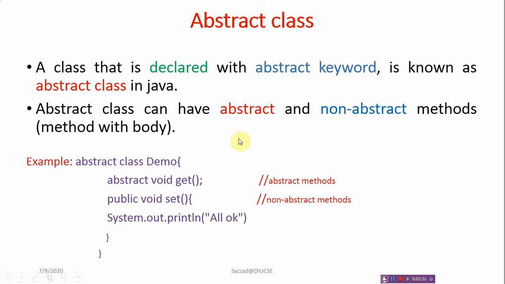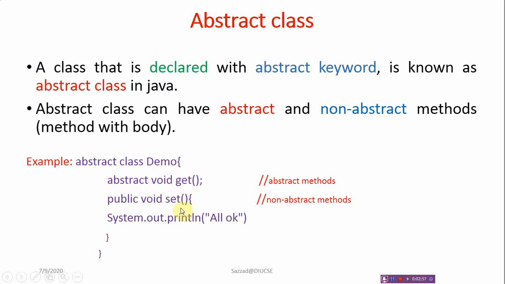It works just like an interface does. There are methods in an interface, but without any body. So an abstract method is just like a method in an interface. You can see there are two methods: one is the get method and another is the set method. But the get method is declared as abstract, so there is no body for the get method.